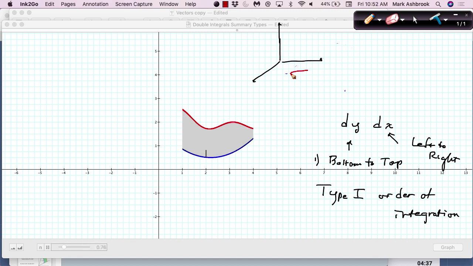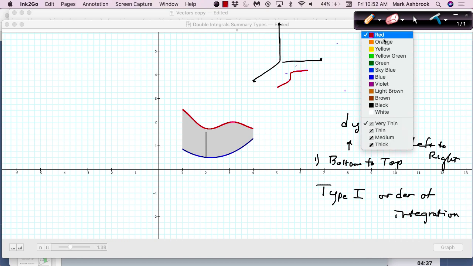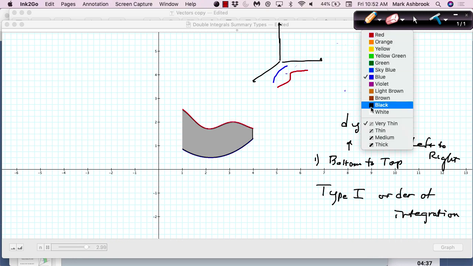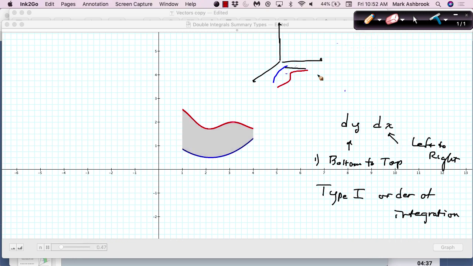See if I can draw this. Kind of like that. How'd I do? I'm trying to recreate that in R3. Do you see that that's the same thing? Same thing in the xy plane, but in R3.